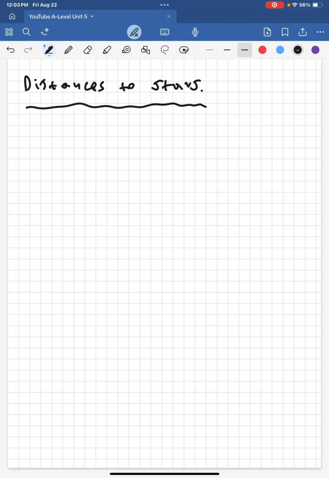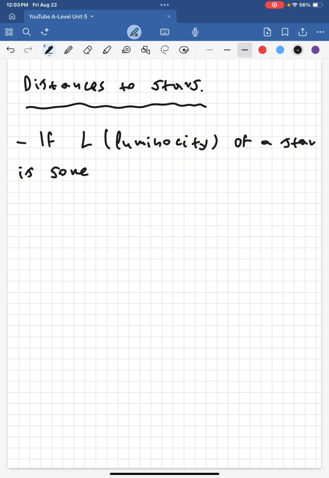To demonstrate the problem, let's assume the luminosity, L, of a star is somehow known.